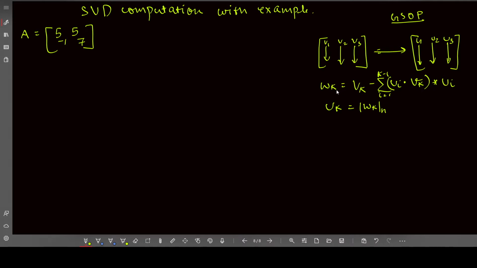When I find wk, uk for the current iteration will be wk normalized. You'll understand this better when we do the example.